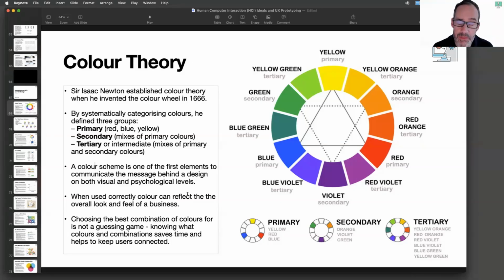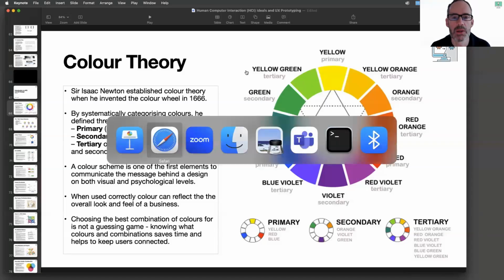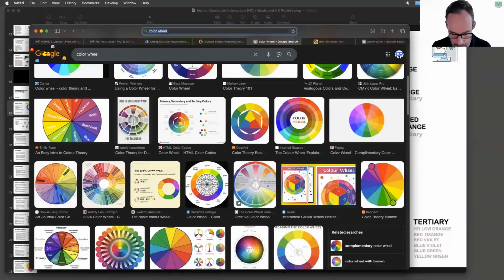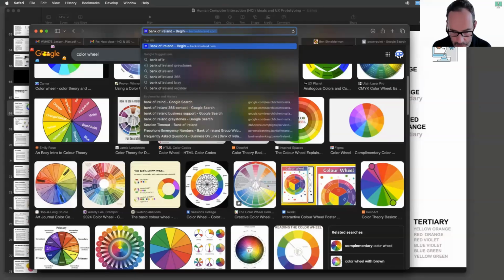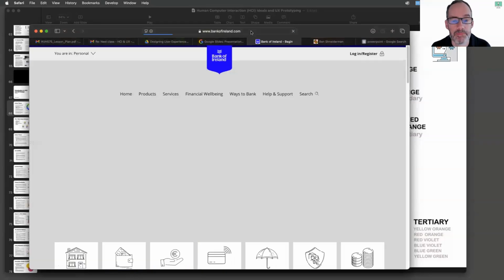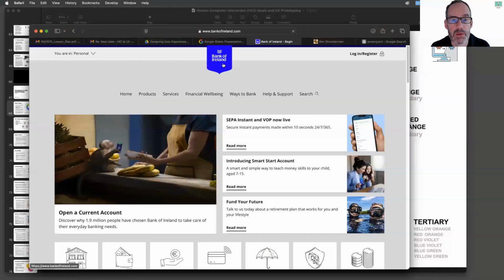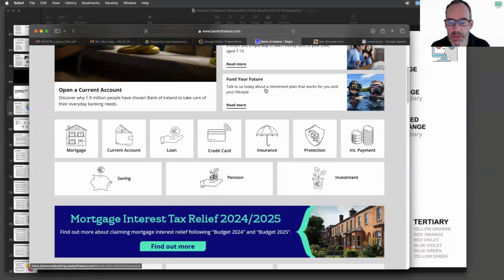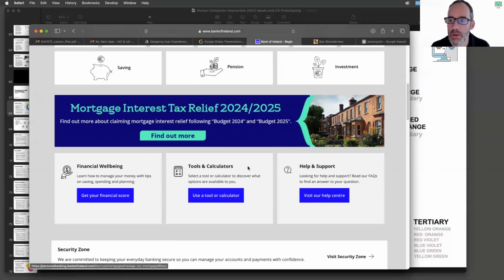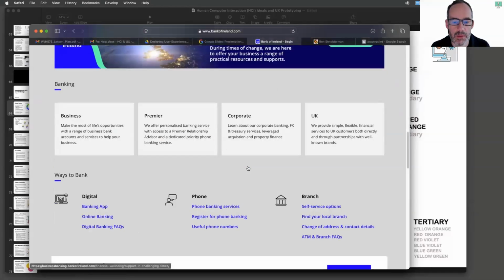And also colors have different meanings in different cultures, so this might be interesting. If I go into, say, a bank that's quite close to me here, see the colors straight away? Quite serious looking, lots of blues and grays.